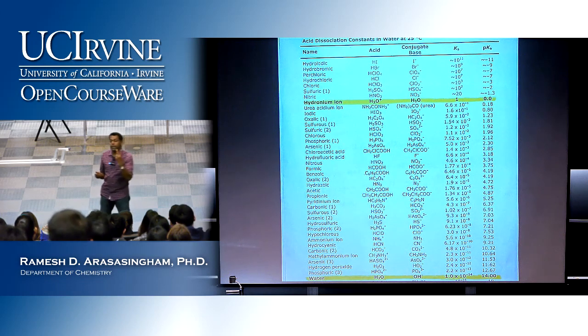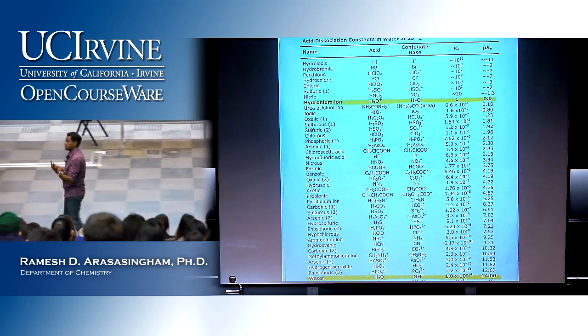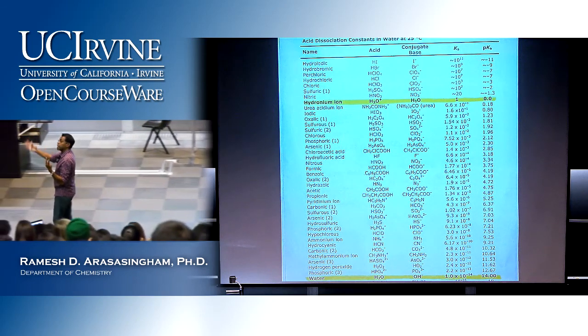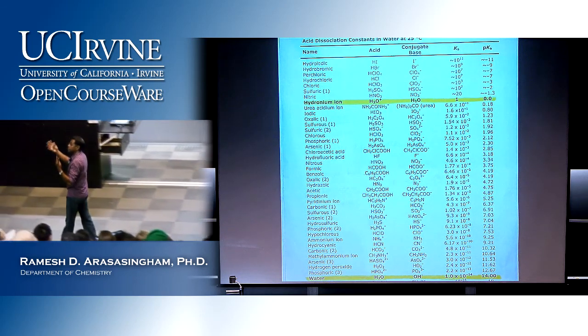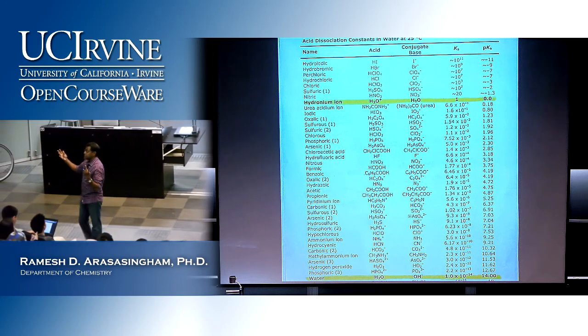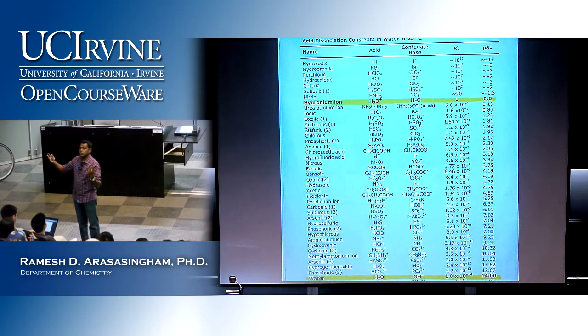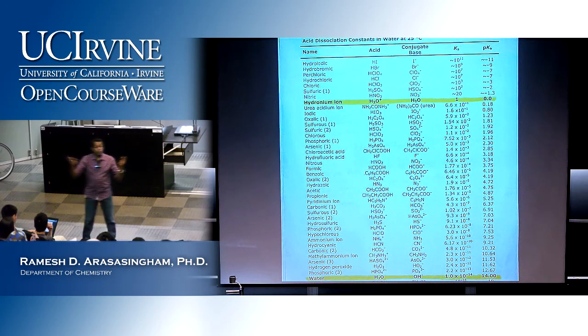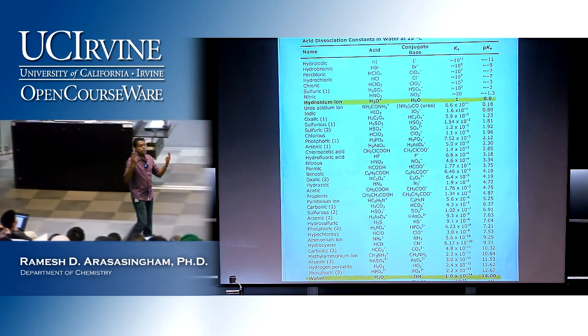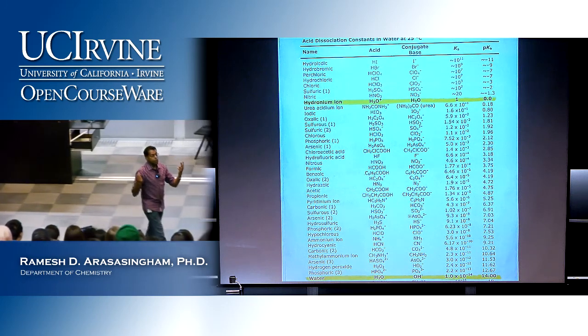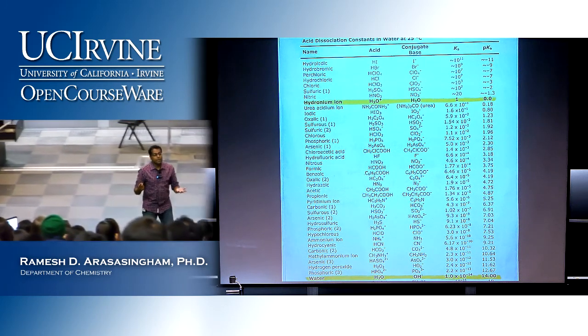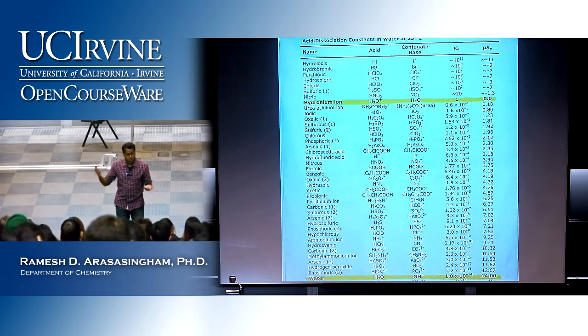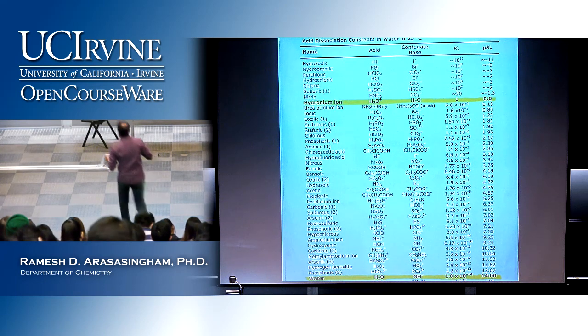So if Ka is 10 to the negative 2 and it's a weak acid, now can you tell me what the Kb would come out to be for the conjugate base of that weak acid? If it's 10 to the negative 2, what is the corresponding Kb for its conjugate base? 10 to the negative 12. Can you see that? 10 to the negative 12 is also weak. Do you see that? So always, if you have a weak acid, its conjugate base will also be weak. All right? And so that's what we're seeing here.